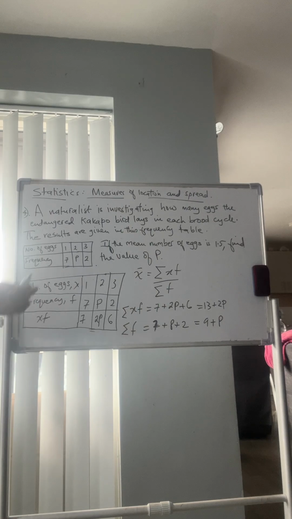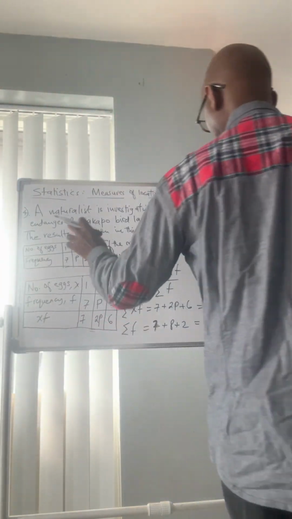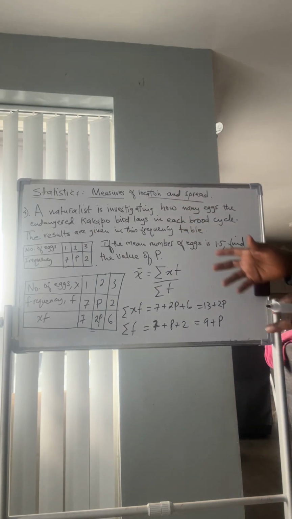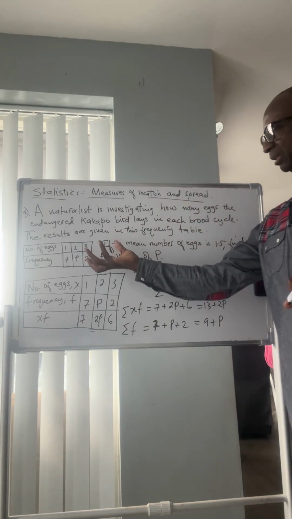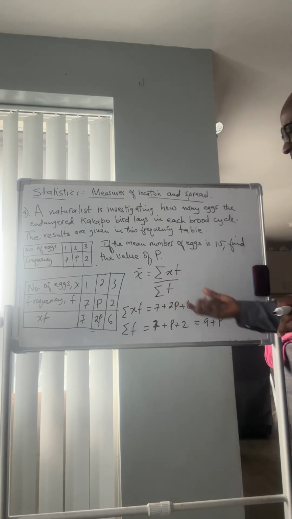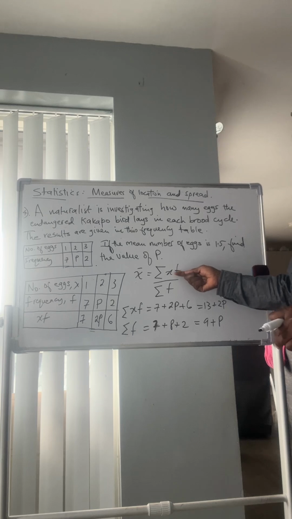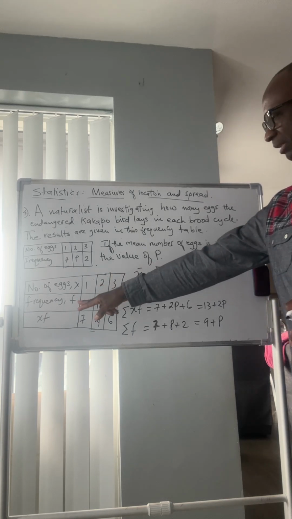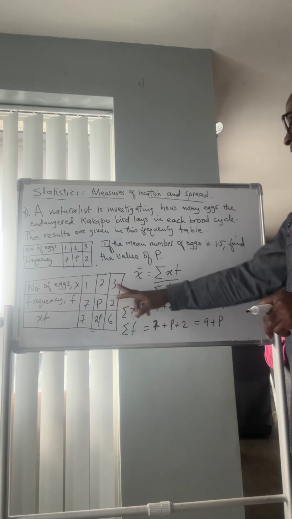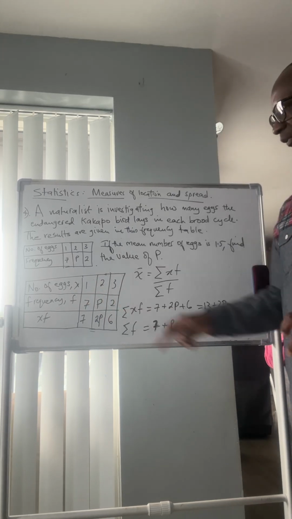The basic thing is to know the formula and to understand how to apply it, extracting the details from the problem. You are adding the products of the frequency and the number x, and the sum of f is the sum of the frequencies.